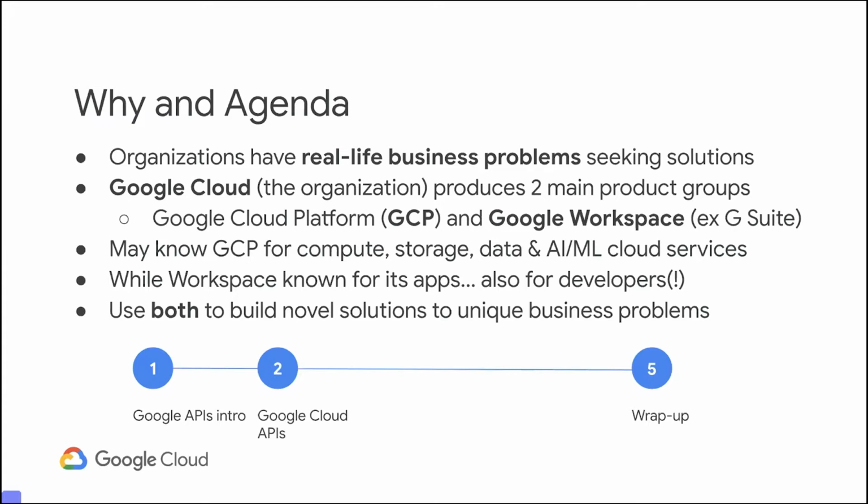So module 1 is mostly a generic introduction to Google APIs in general. Then we're going to dive into cloud ones. And then, of course, the main reason why you're here, which is the image processing workflow, and maybe show you another app to provide a little bit more inspiration and also to show you a little variety of what else you can do. That's really the purpose, to let your imagination run wild.